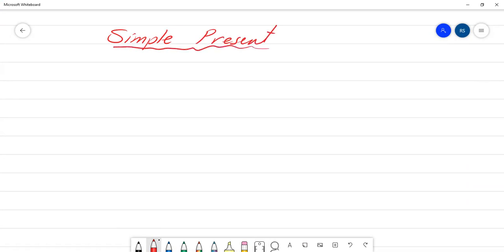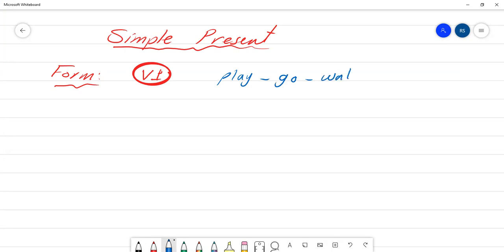Okay, my friends, as you know, it is formed of the V1 form, the first form of the verb, like play, go, watch, study, and so on. So this is V1, okay?